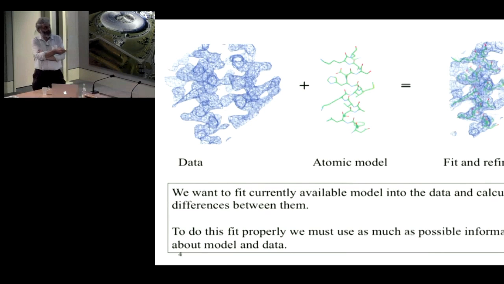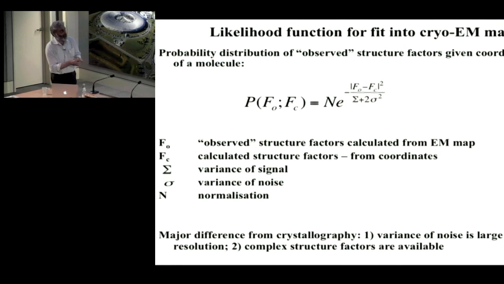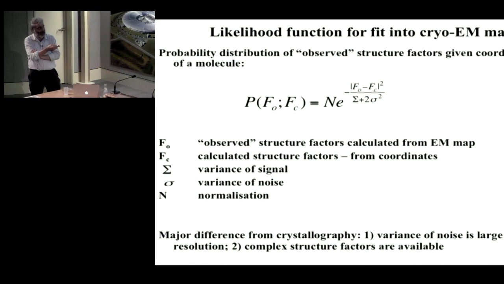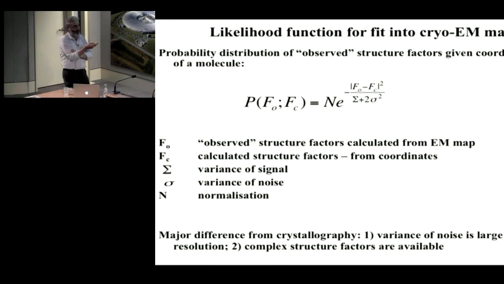To do this fit, we have to use, first of all, properties of the data, and second, as much information as possible about the structures: proteins, nucleic acids, and so on. The fit into the map is done using the so-called likelihood function, and in cryo-EM maps the likelihood function for individual components looks like that. There's nothing complicated. If you take the logarithm, it is just least-squares fitting. And there are only two more components.